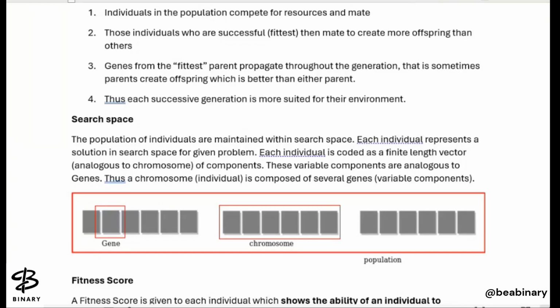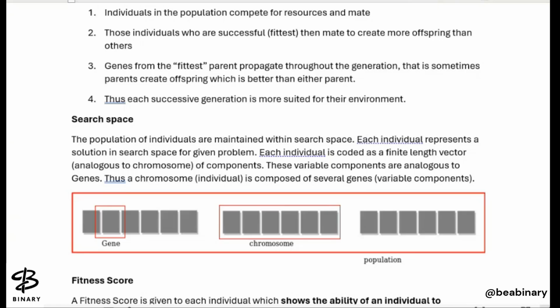Mutation: random changes, or mutations, are introduced to the offspring genes, or simply new data, adding diversity to the population, where different solutions are present. Then iteration: this is repeated for multiple generations, with the population gradually evolving towards better solutions.